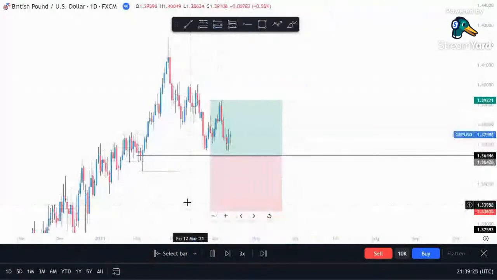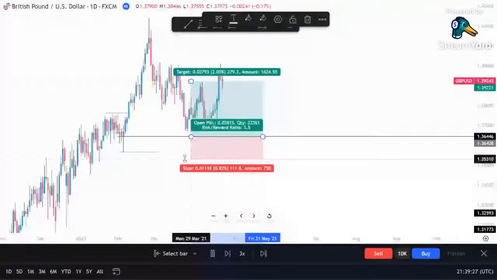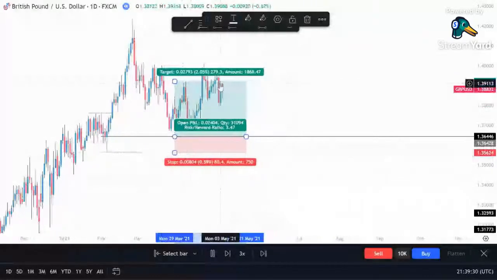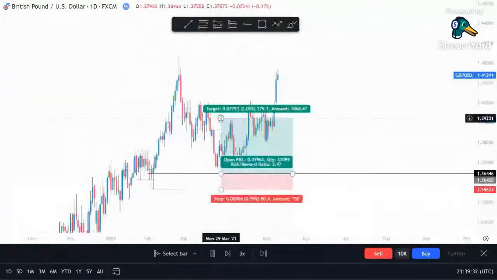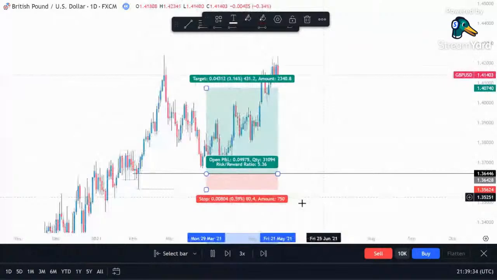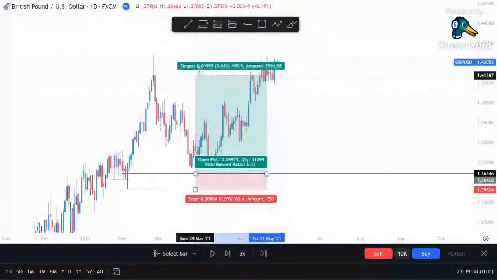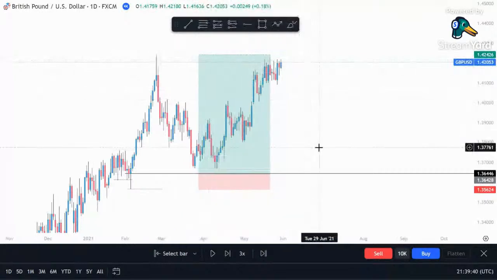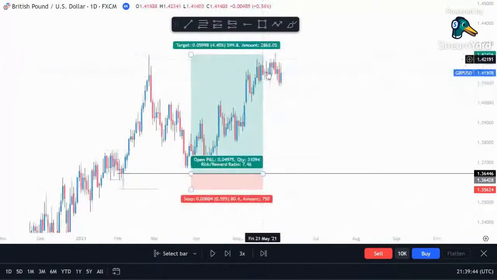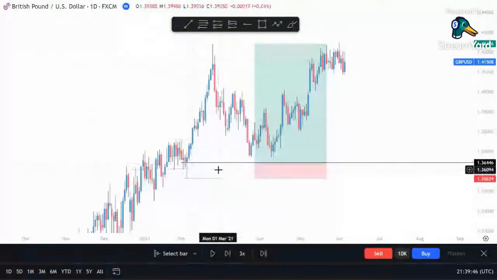What happened? Price just bought without even hitting your POI. Remember, this is your TP, and the TP target was hit without price even getting into the POI.